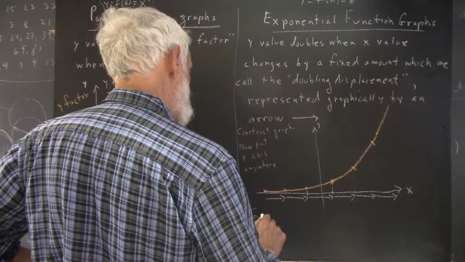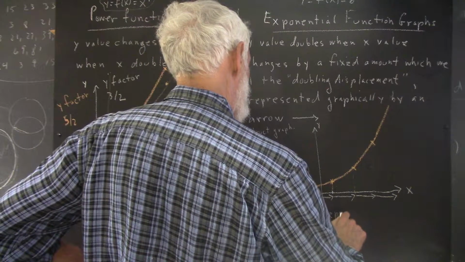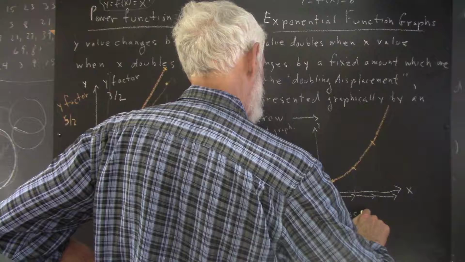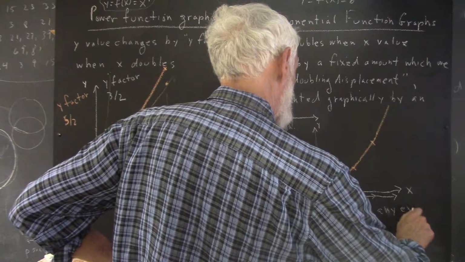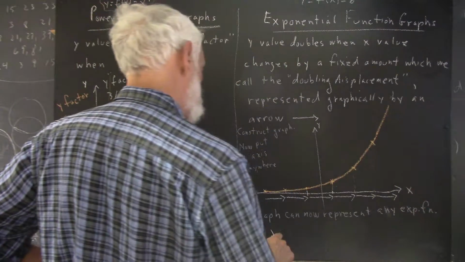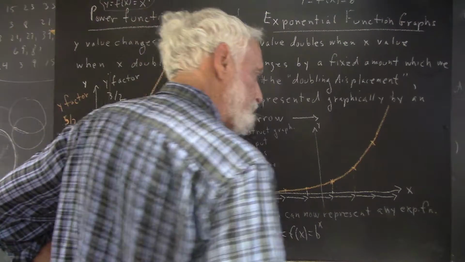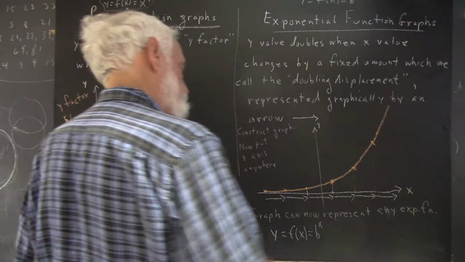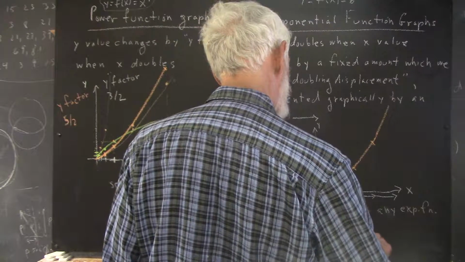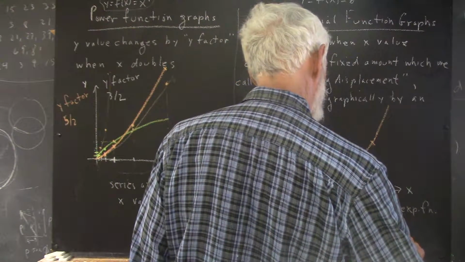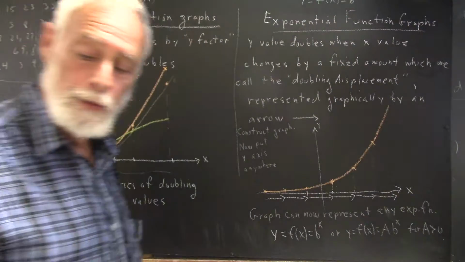So the graph can now represent any exponential function, y equals f of x equals b to the x, or y equals f of x equals a times b to the x for positive values of a.